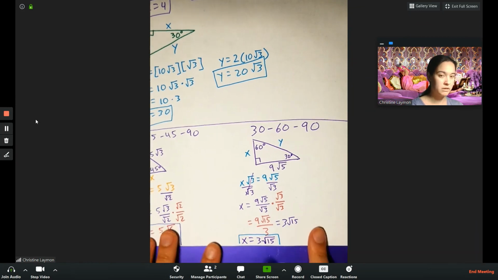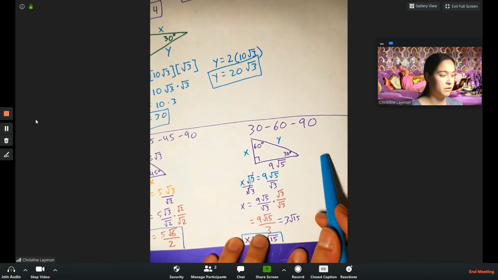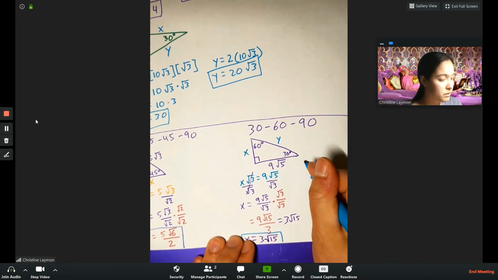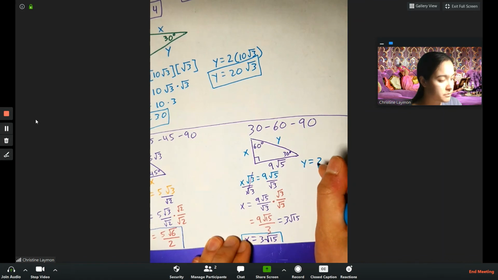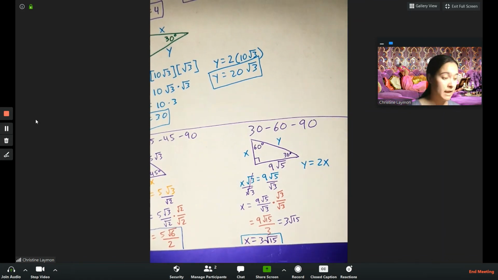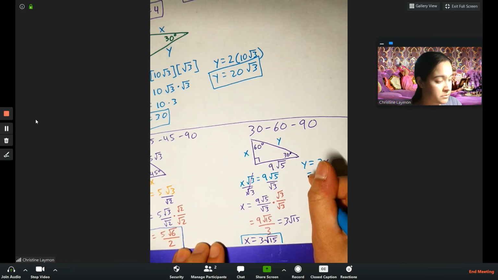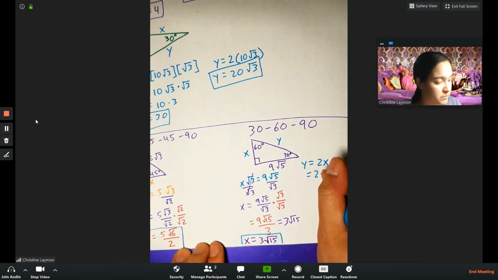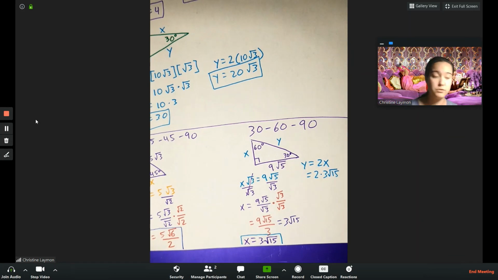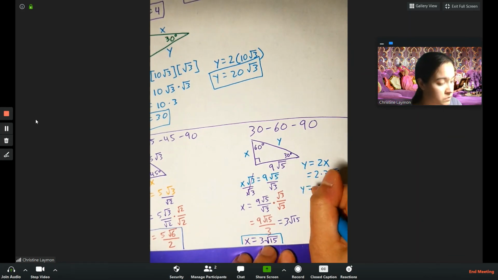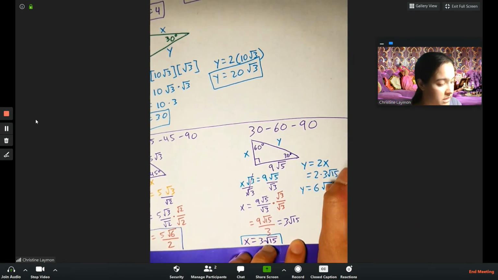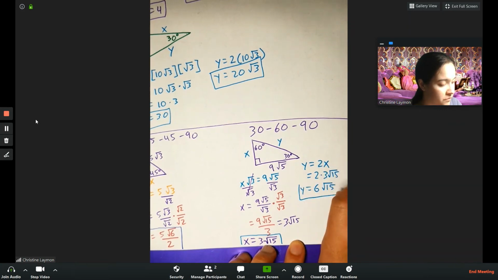So let's work off to the side right here. We know that y equals 2x. And I know x. So this is 2 times 3 radical 15. 2 times 3 is 6. So y equals 6 times the square root of 15.